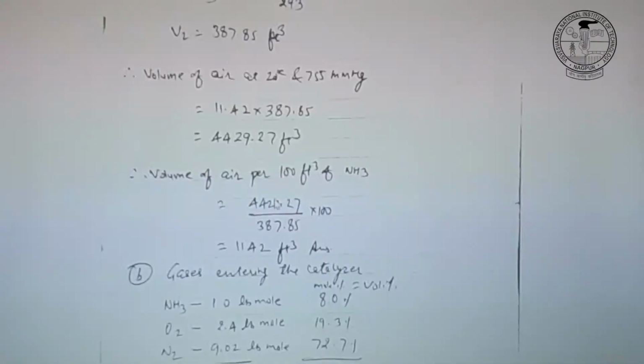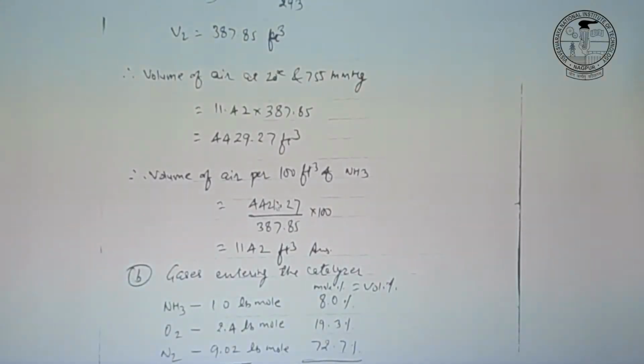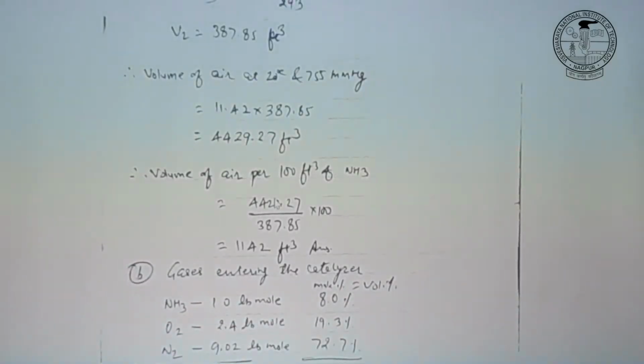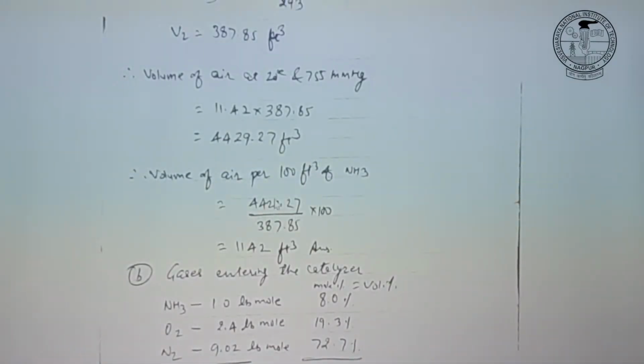There are many instruments which can measure the volumetric flow rate, so that much air you can supply. Yes, so now the volume of air per 100 cubic feet of ammonia. The ammonia volume was 387.85 cubic feet, and the air to be supplied has a volume of 4429.27 cubic feet.